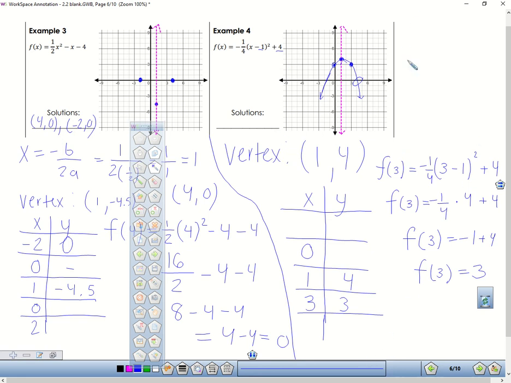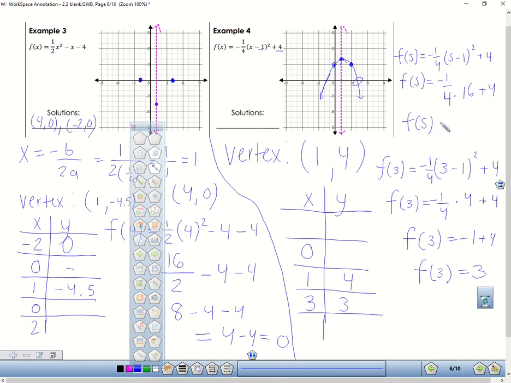So I'm going to plug a 5 into my equation. So that's going to give me f of 5 is equal to, what's 5 minus 1? 4 squared is? Yep. So -1/4 times 16 plus 4.